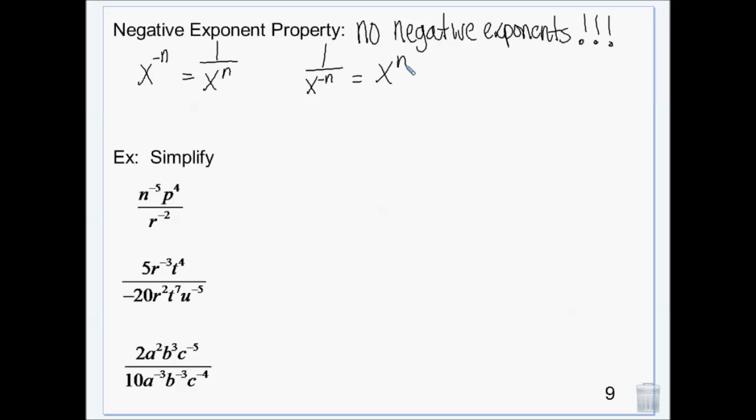Okay, so we don't like negative exponents. So if it's negative and it's a regular expression, you put it in the denominator. If it's a negative in the denominator, you bring it to the top. So here we have n to the negative 5, that's in the numerator, so I'm going to throw it downstairs.